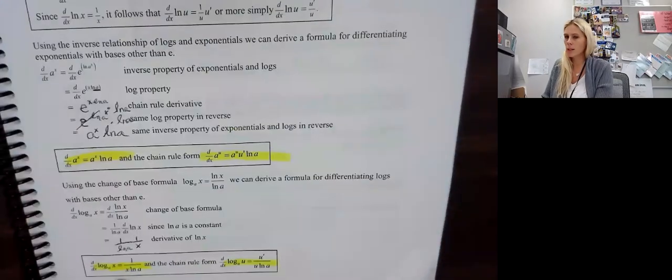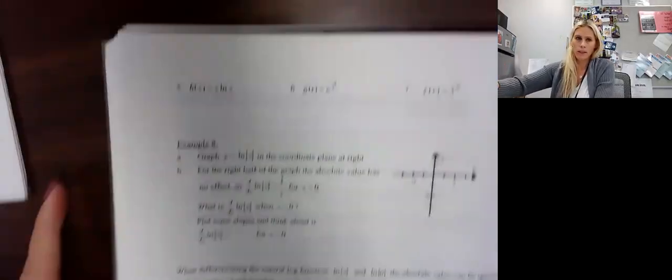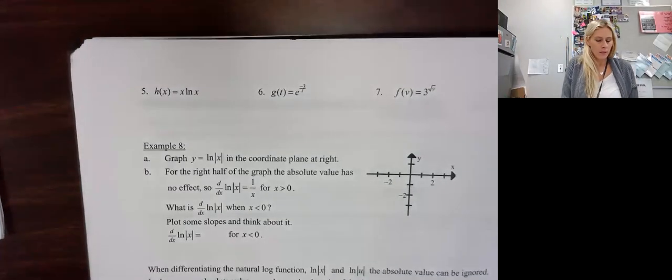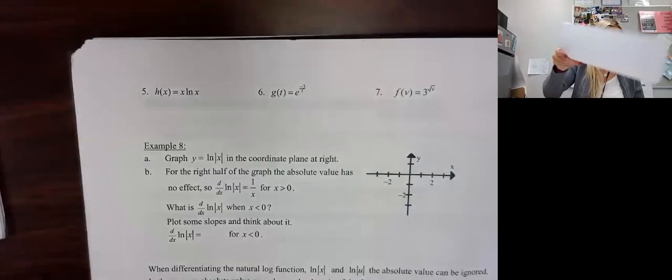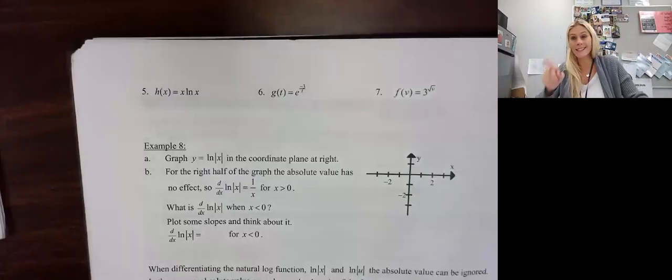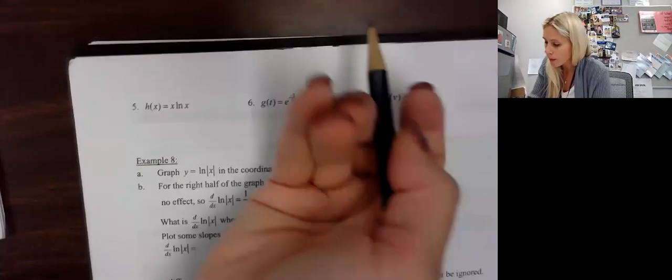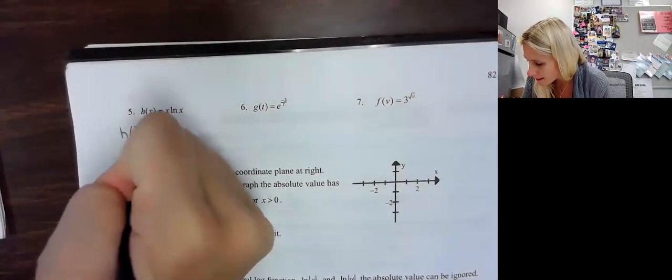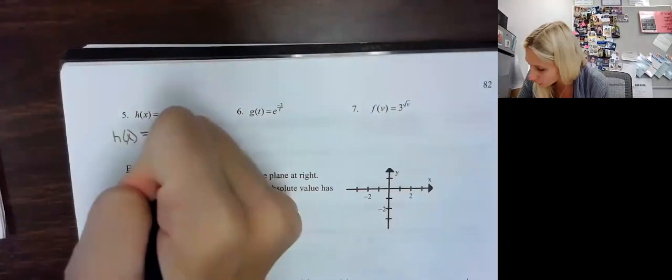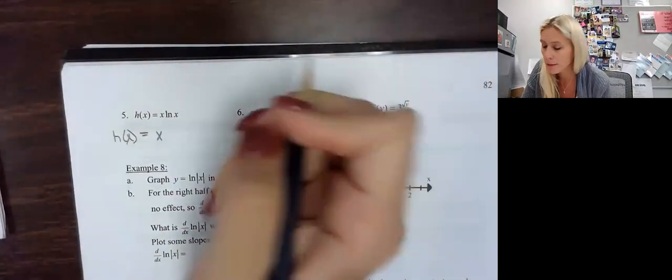Okay, let's go on to the next page, see what else they got for us. All right. h of x equals x times ln of x. Well, okay, I just said times, so that must be the product rule. Product rule says the first function times the derivative of the second.